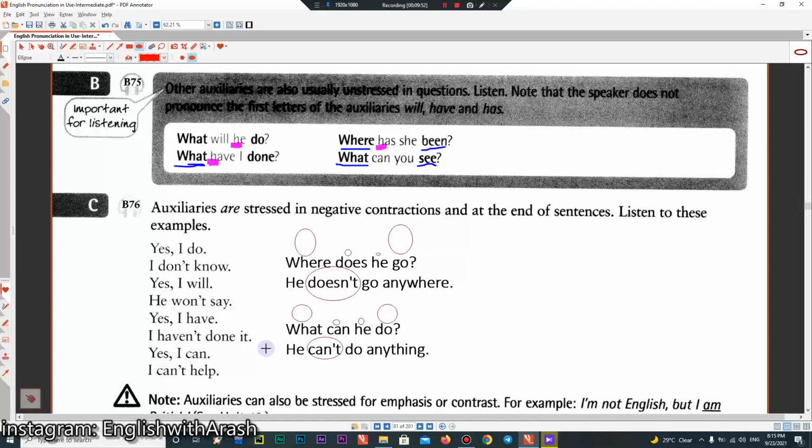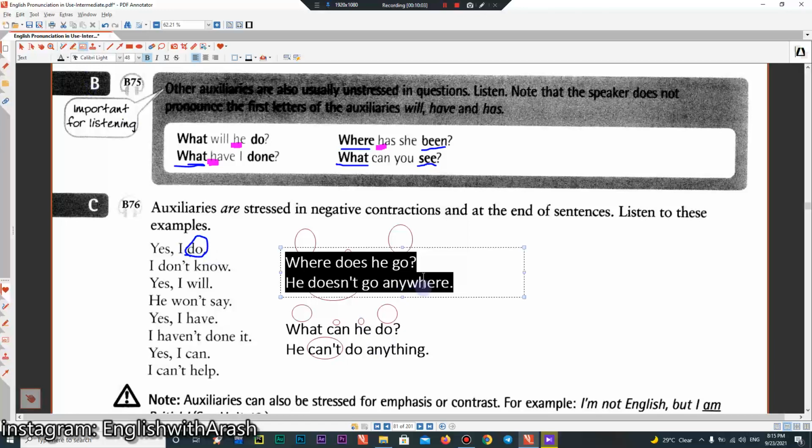And also in the short answers, you see that at the end they get the stress. An example is like this.